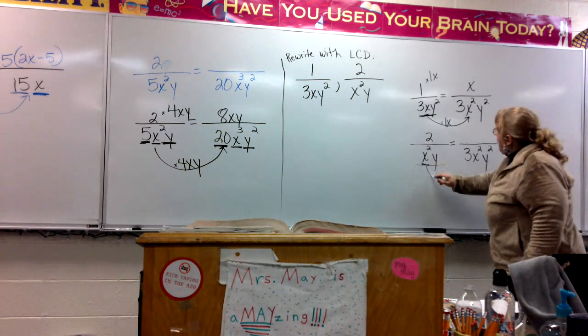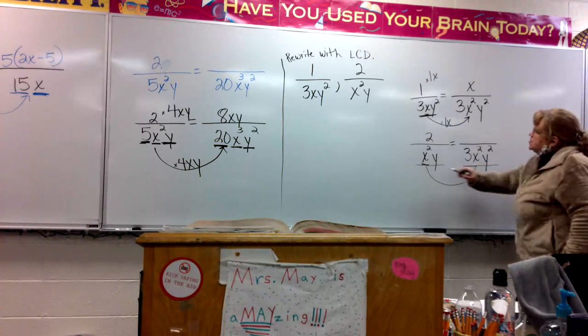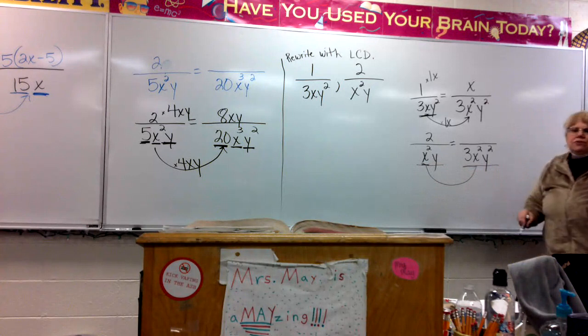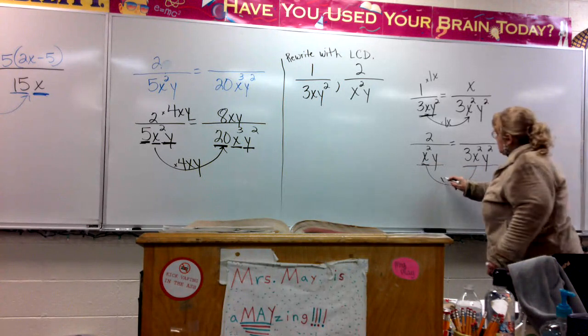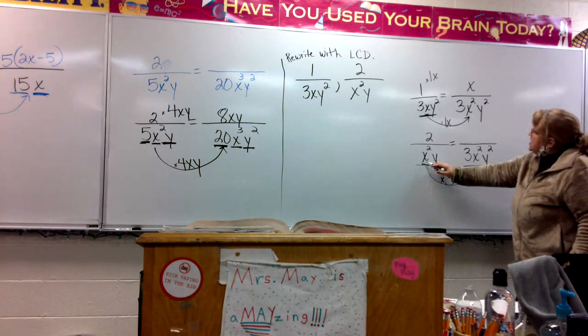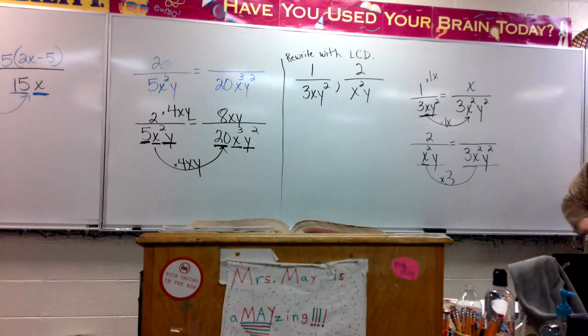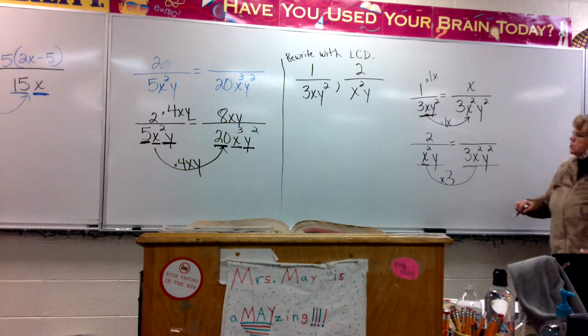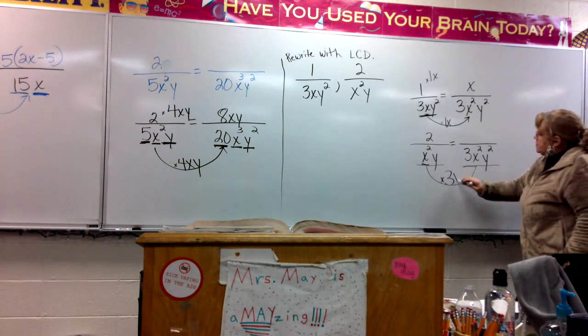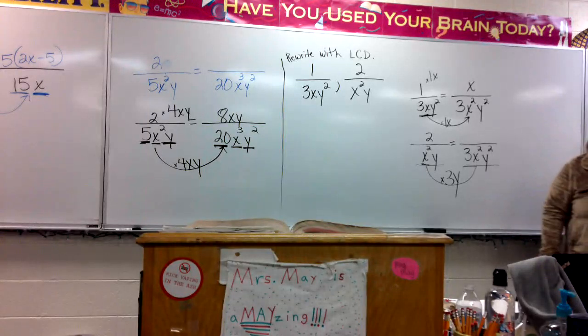Bottom, what do I multiply this by to get this? I assume there's a 1. 1 times what is 3? You got to multiply by a 3. 2 x's. I don't need any more x's. 1 y, but I need a y squared. So I need to multiply by a y, right?